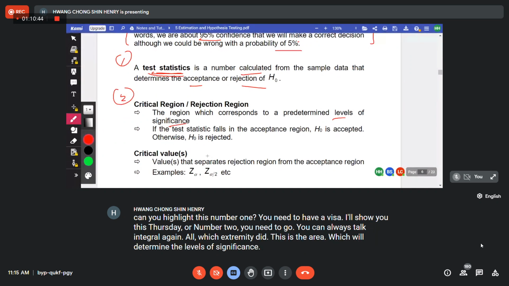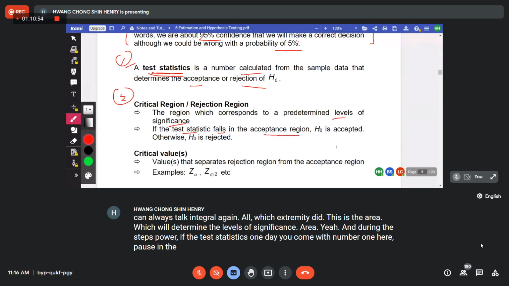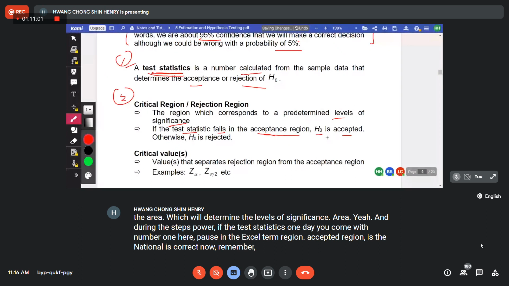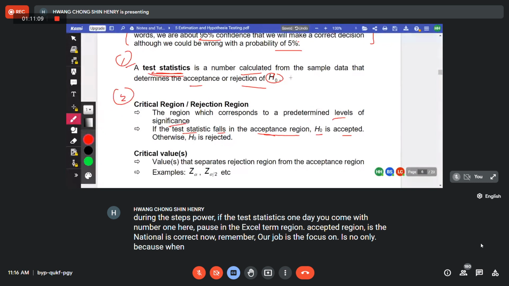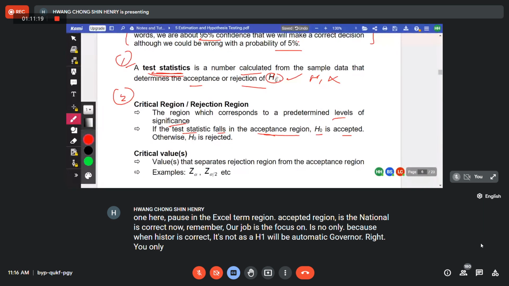Now, listen carefully. We are entering the steps now. If the test statistics, the one that you calculate, number one here, falls in the accepted region, it means the H0 is correct. Now remember, our job is to focus on H0 only, because when H0 is correct, H1 will be wrong, automatically, right? You only concentrate on H0.